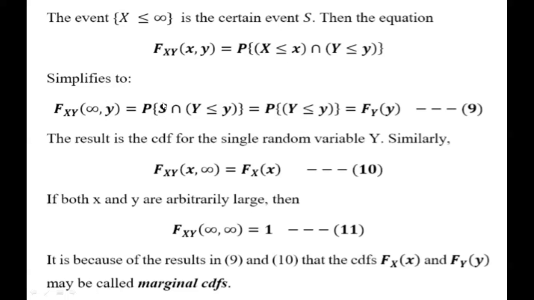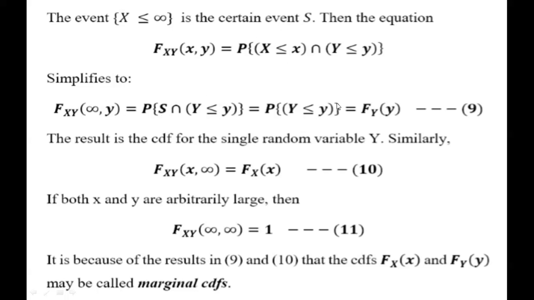Hence it covers the entire sample space, represented by capital S, representing the sure event. The intersection of this entire sample space with the probability of random variable y less than or equal to y, we get the probability of y less than or equal to y.